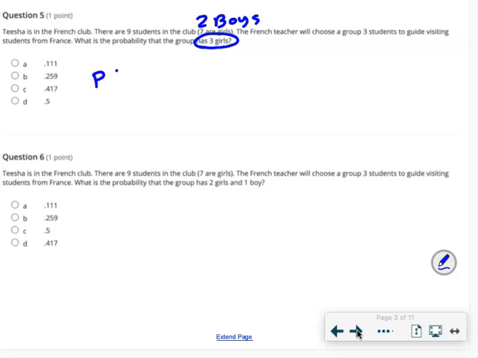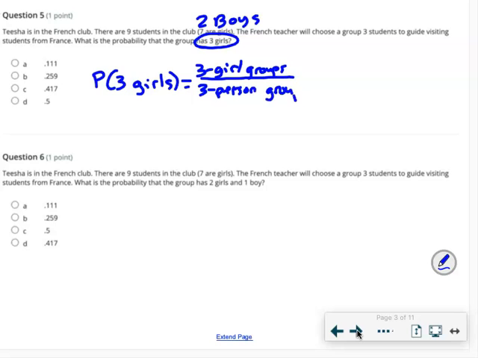So the probability that we'll have 3 girls is going to be equal to the number of groups that have 3 girls, so 3 girl groups, divided by the number of 3-person groups that are possible. All right, and the way we do this is with combinations. So the amount of 3 girl groups would be the number of girls and the number of girls we want, which is 3.